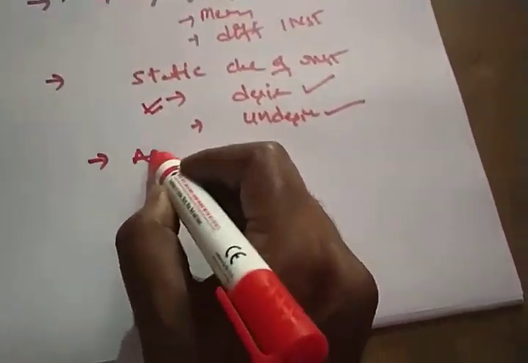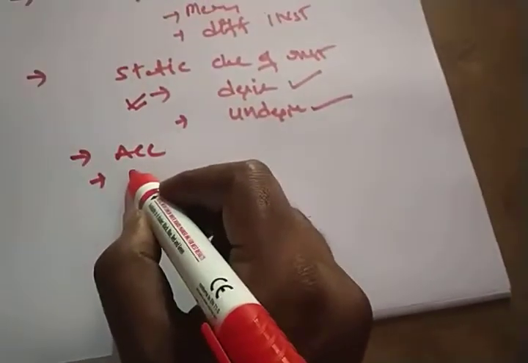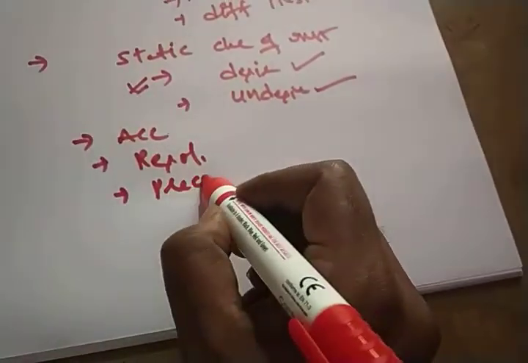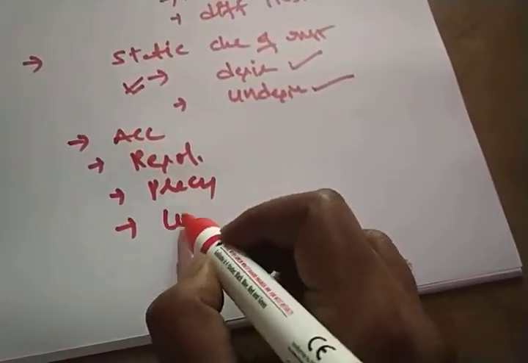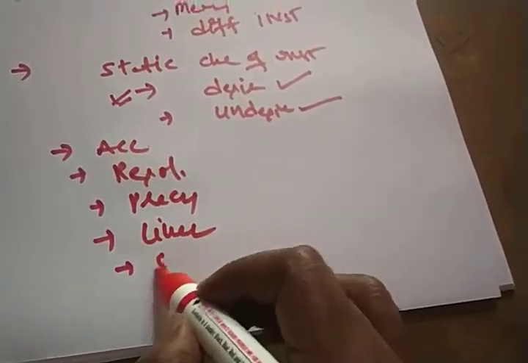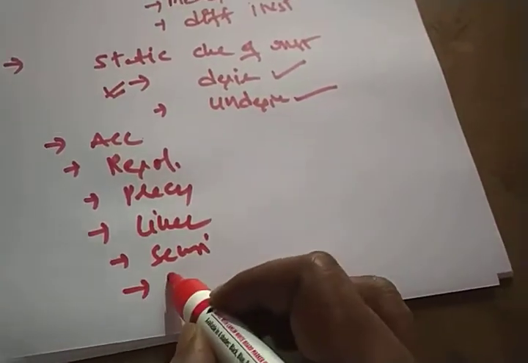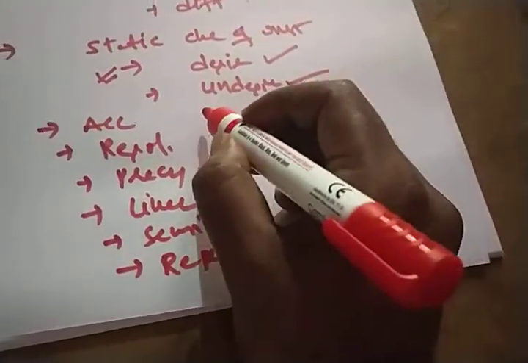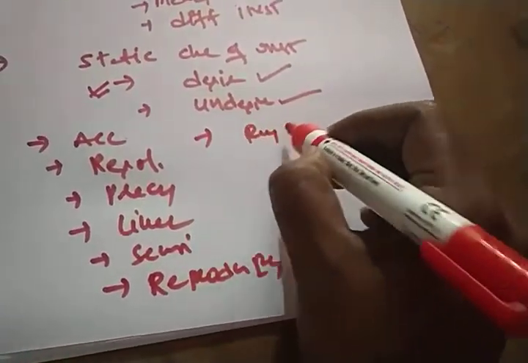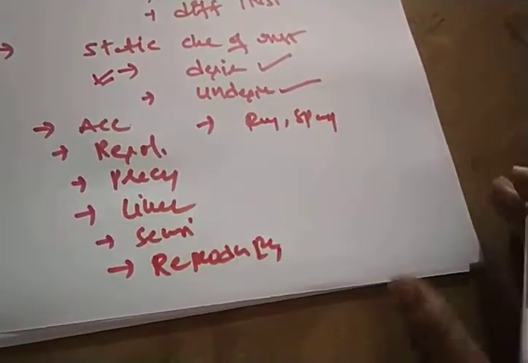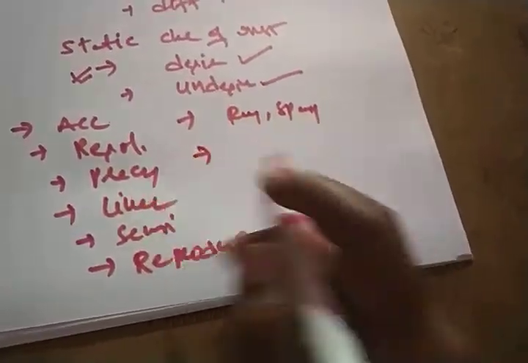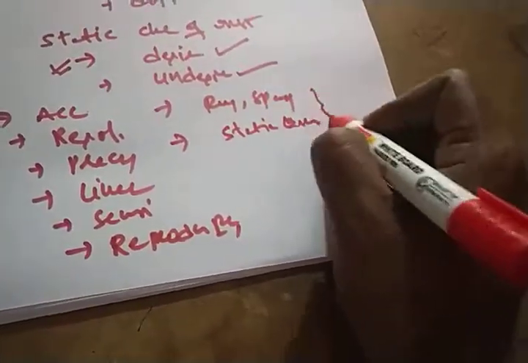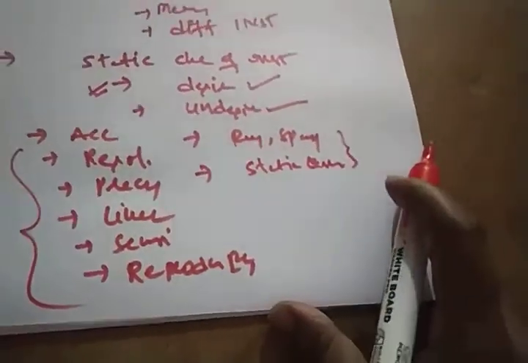Those are accuracy, resolution, precision, linearity, sensitivity, reproducibility, repeatability, range and span, and static error. So these are the desirable characteristics.